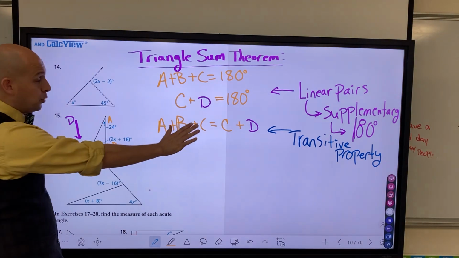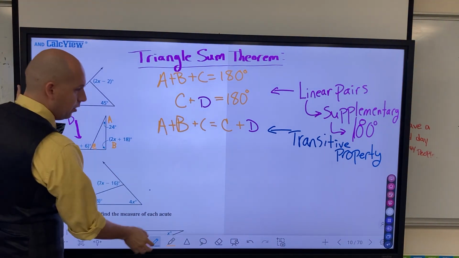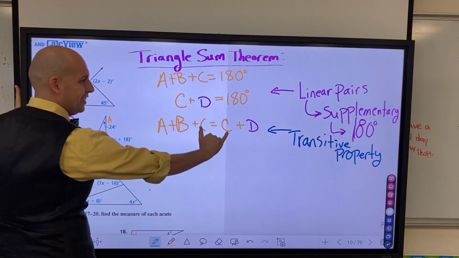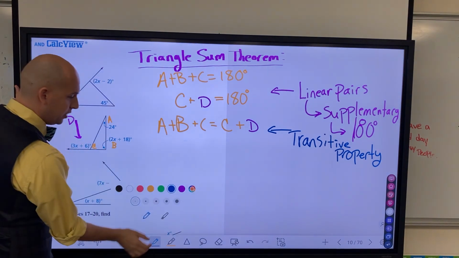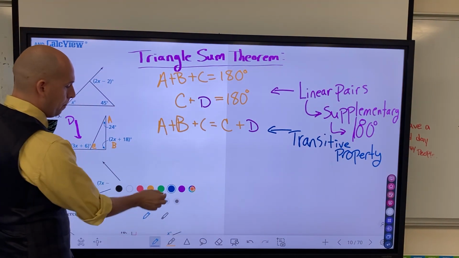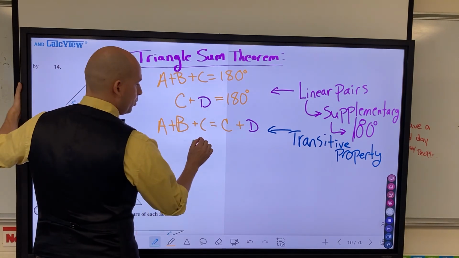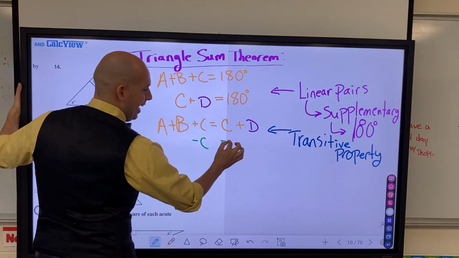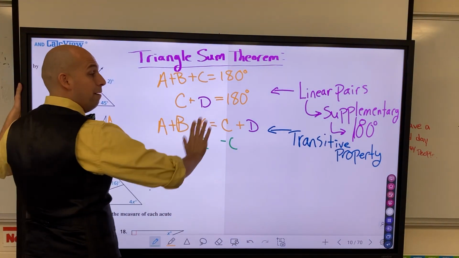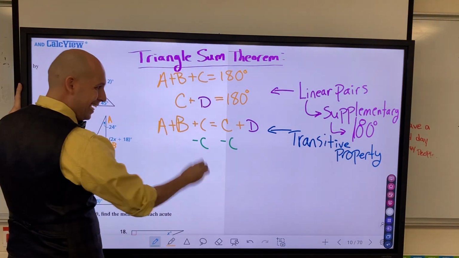Now, this is an algebraic expression. Let's simplify this a little bit, because I see I have C both times here. So we're going to use the subtraction property. Let's pick green. We're going to subtract C from this expression and subtract C from this expression. That makes them both equal, and they stay equal.